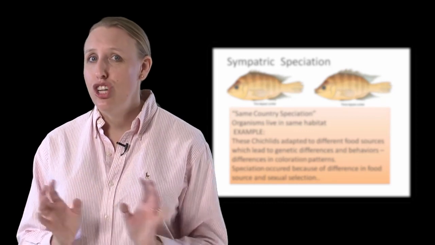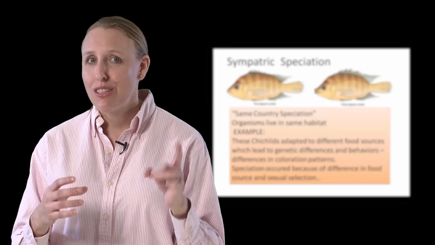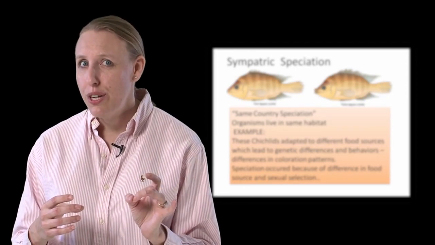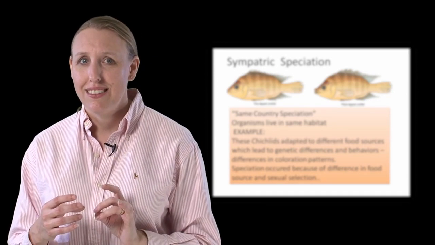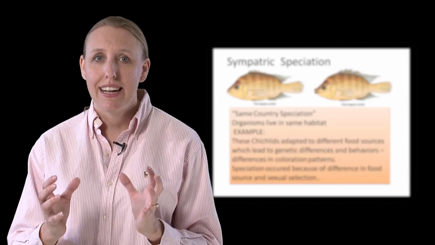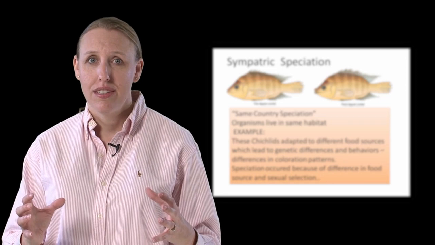This is where there is no geographical barrier in the population, but we're going to use sexual selection, reduction in gene flow, and polyploidy if you're a plant. So these three things can affect how those populations interact with each other.